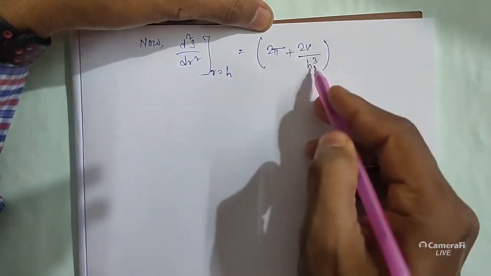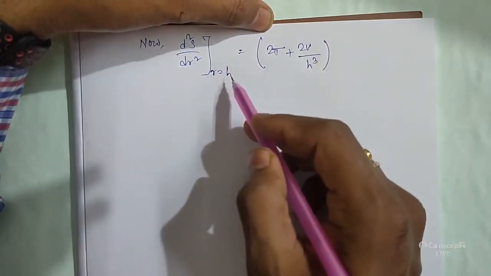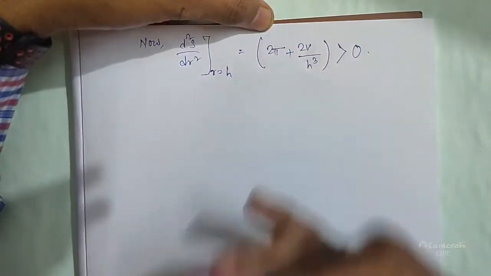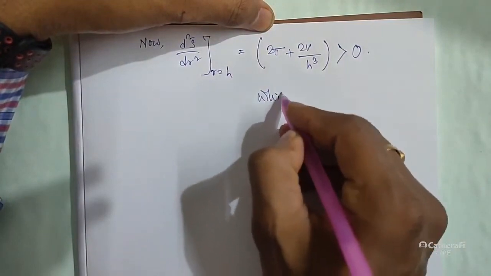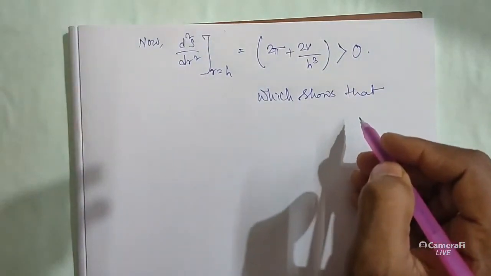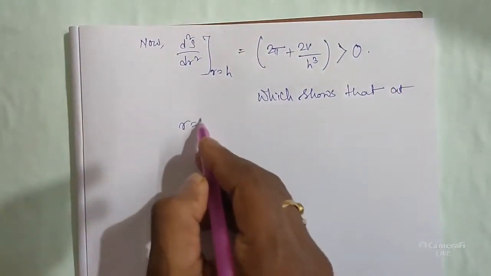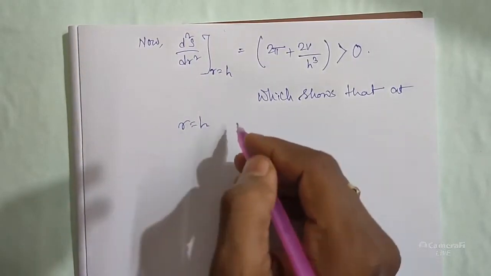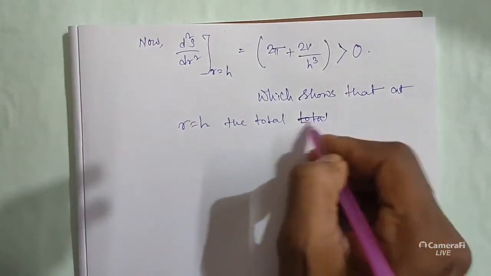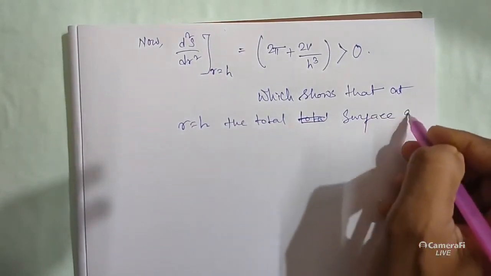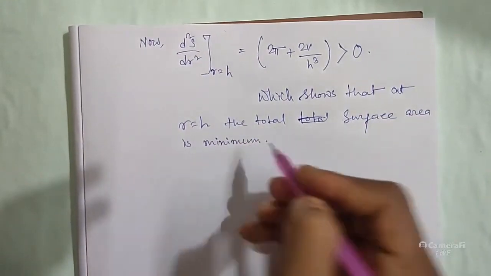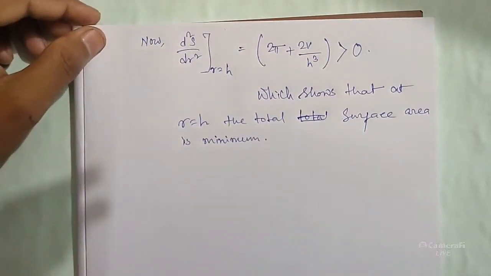In place of r cube we write h cube because r equals h here. Now this value is obviously greater than 0. All are positive. So this shows that at r equals h, the total surface area is minimum.